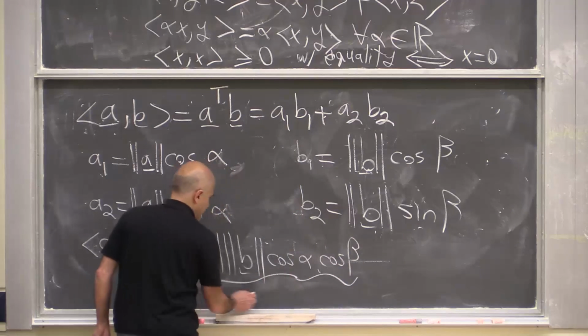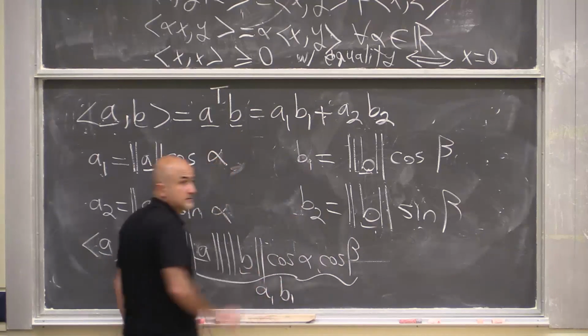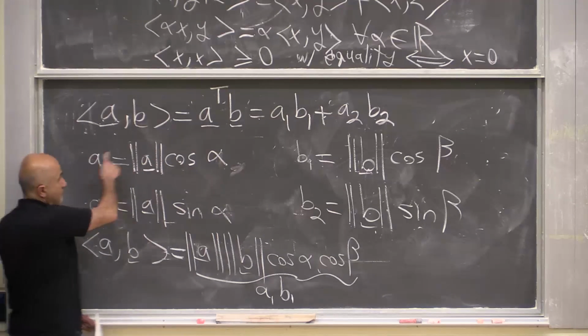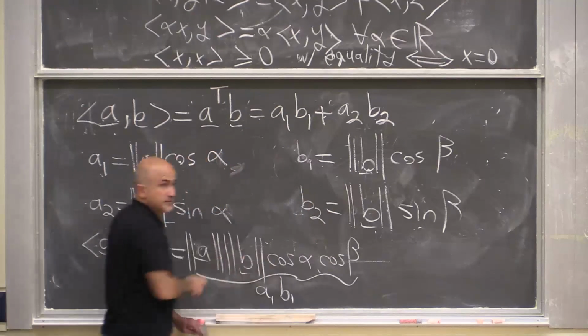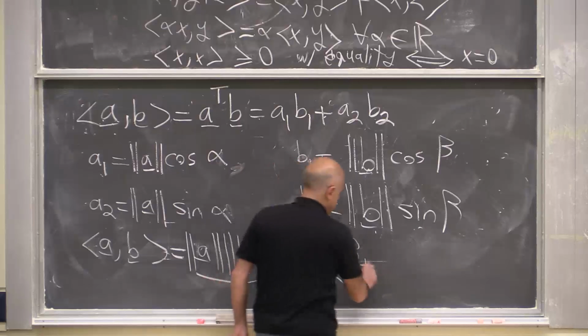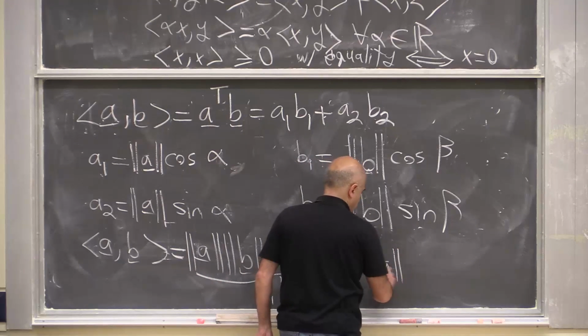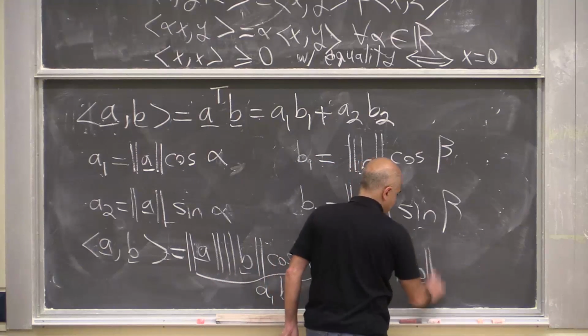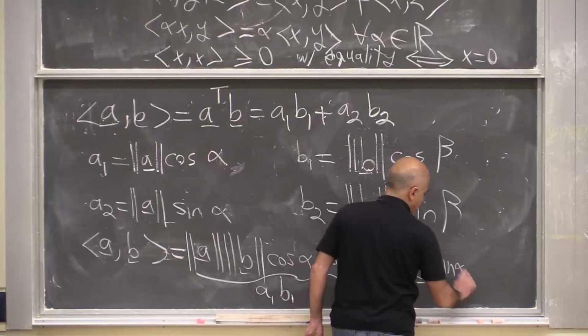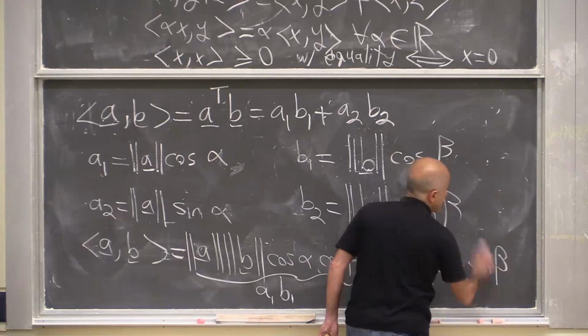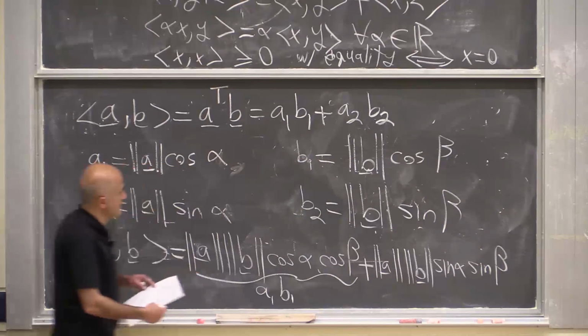This whole thing is A1 B1, right? I'm multiplying A1 by B1. That's how I get this term. Plus magnitude of A, magnitude of B, sine alpha, sine beta. Great.